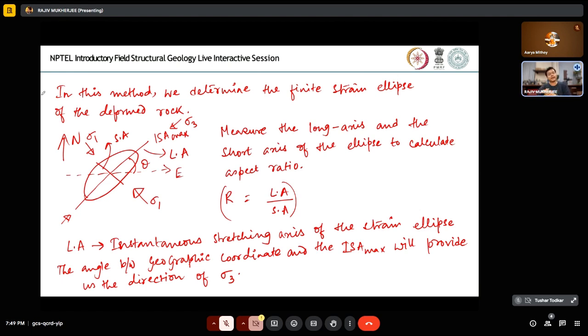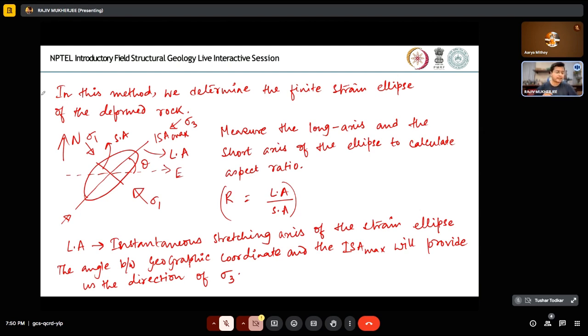And obviously you can get the orientation of the finite strain ellipse, the maximum instantaneous stretching axis, which will be somewhat related to the sigma 3 of the stress field during the deformation, and eventually you can derive what would be the maximum compressive stress regime for that particular region.